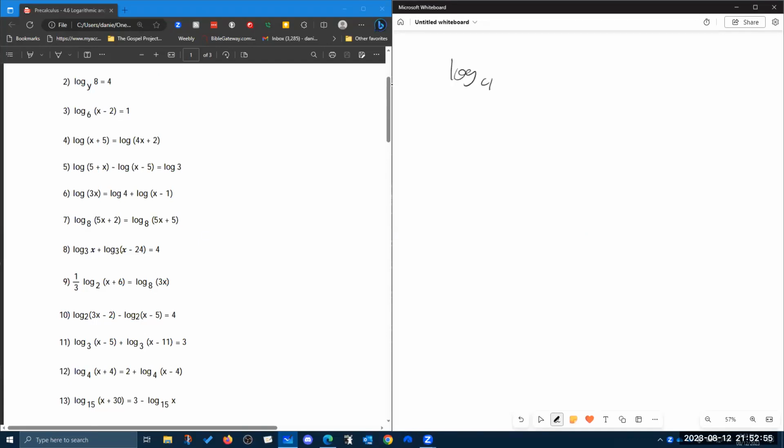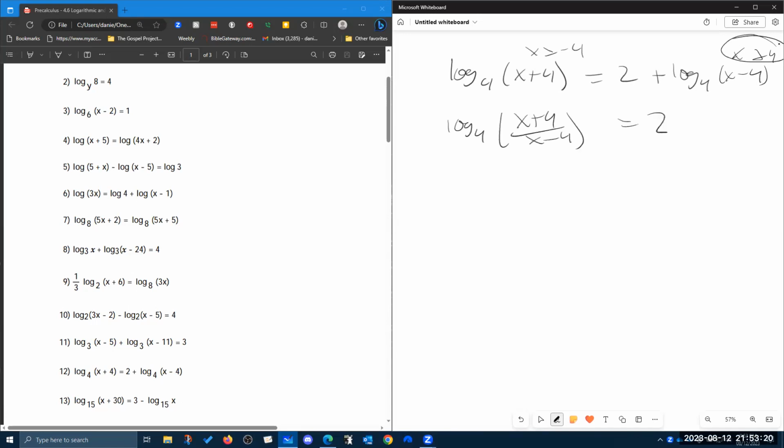Log base 4 of (x plus 4) equals 2 plus log base 4 of (x minus 4). X greater than negative 4, x greater than 4, x greater than 4 is my domain. Log base 4 of (x plus 4) divided by (x minus 4) equals 2. (x plus 4) over (x minus 4) equals 4 to the second, which is 16.